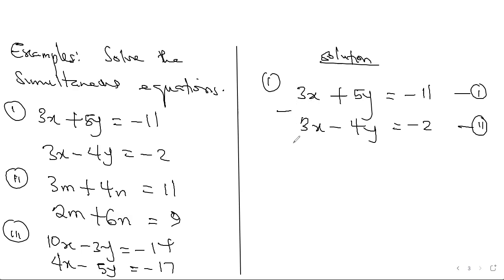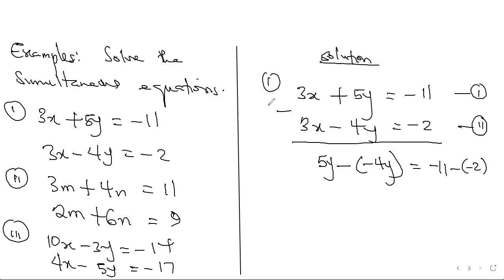So now, if you use minus to eliminate, this becomes 0, because 3x minus 3x is 0. Then you have 5y, so I would advise you do it this way, 5y minus, then minus 4y. Don't forget that this minus belongs to 4y, so you have to keep it. Equals minus 11 minus 2.